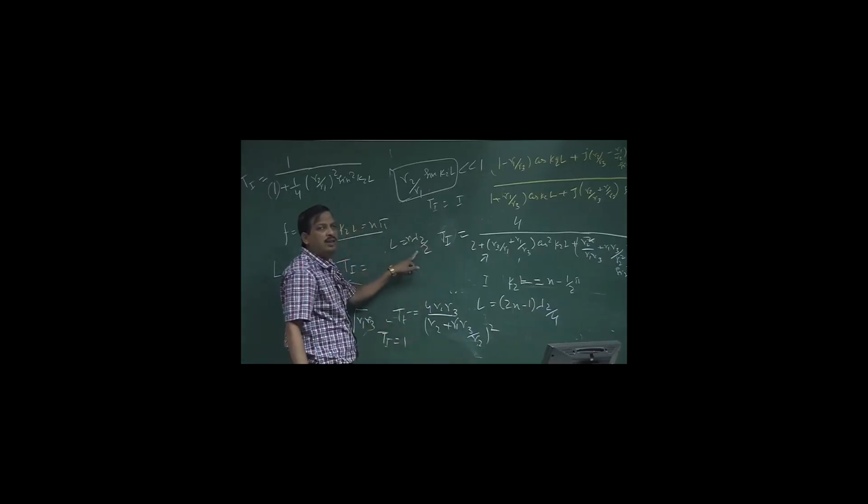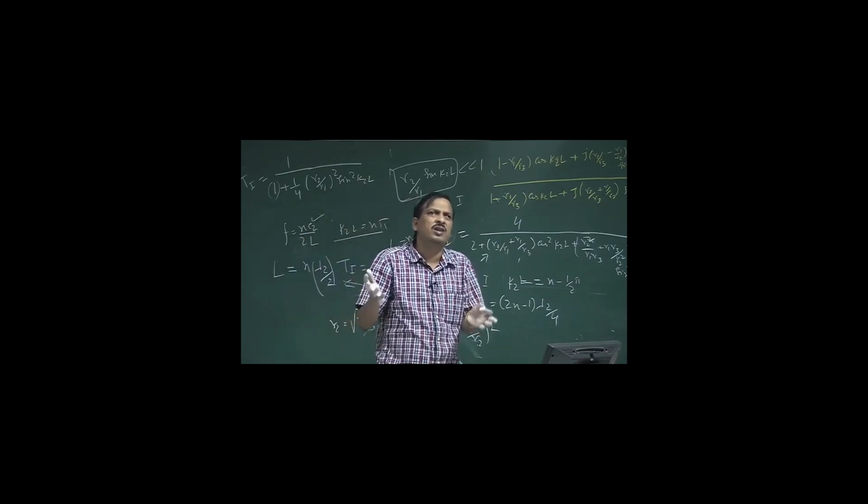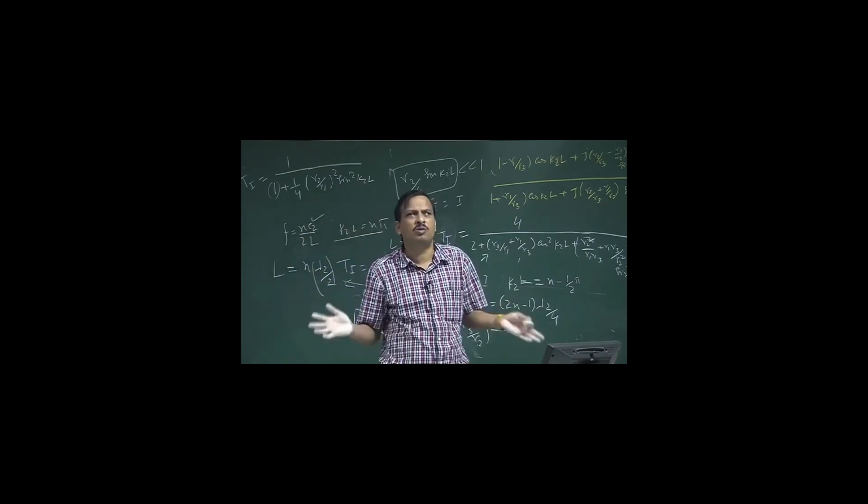For those frequencies for which L is an integer multiple of lambda by 2, the transmission coefficient will be 1, so the transmitted wave will pass through the wall. This is what we use when we design an acoustic studio.